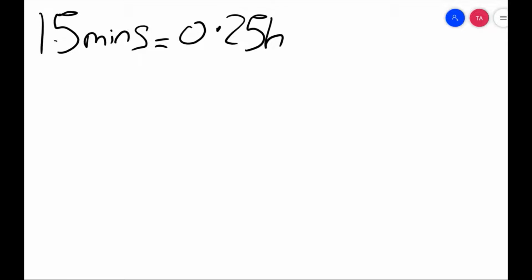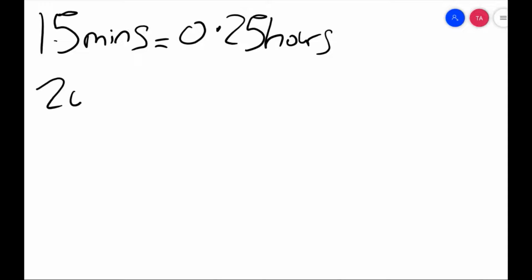And next we will be focusing on converting between hours and minutes, or vice versa. So 15 minutes into hours would be 0.25 hours, because 1 hour is obviously 60 minutes.